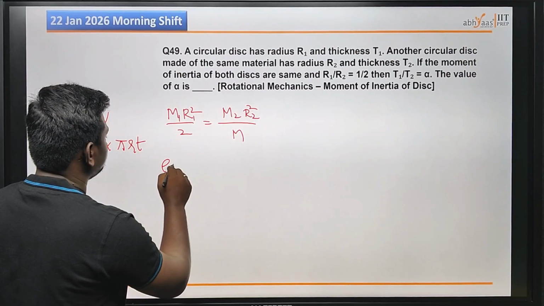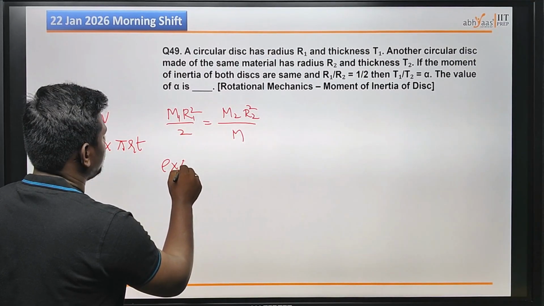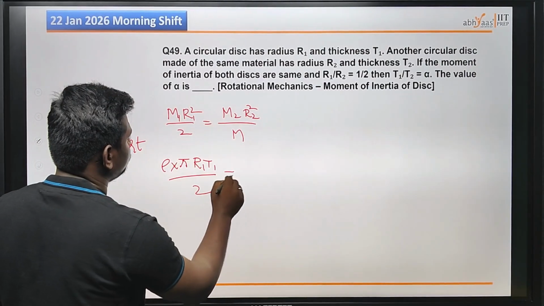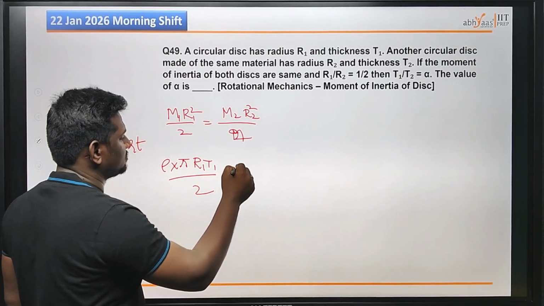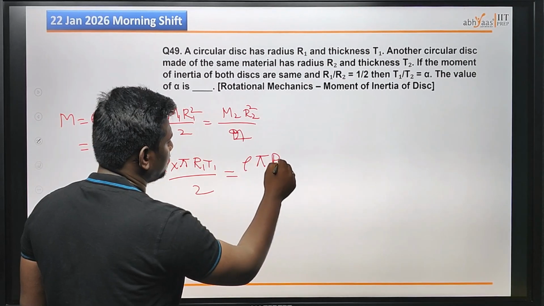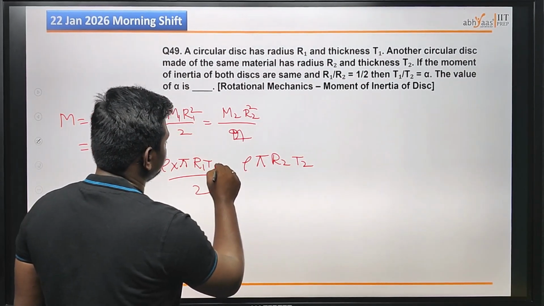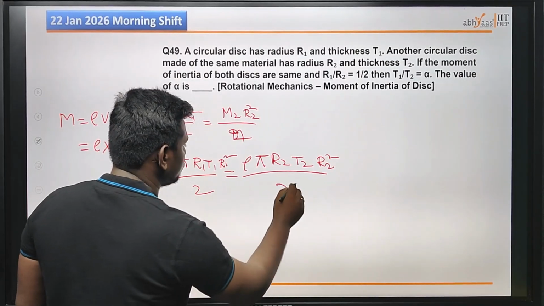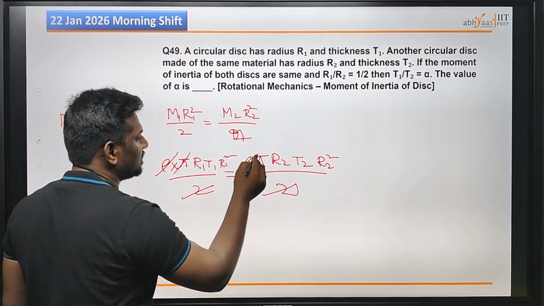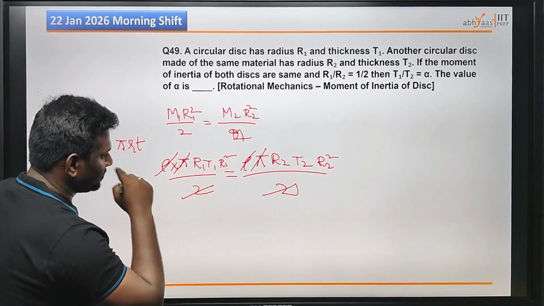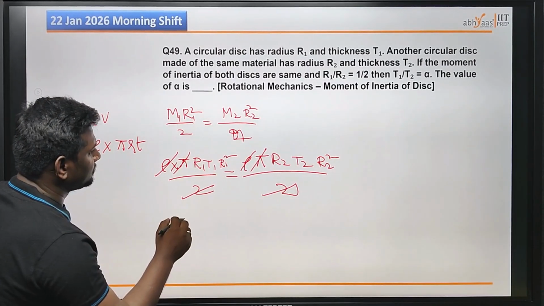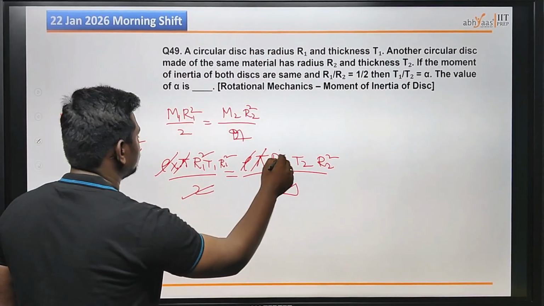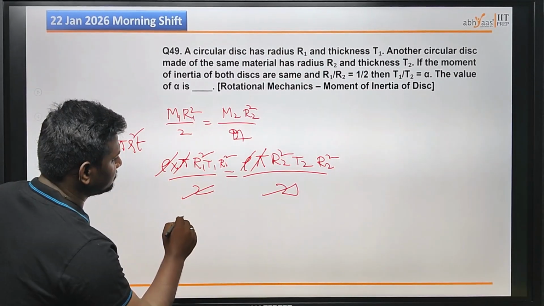Rho gets cancelled, and we have pi r1 to the power 4 t1 by 2 equals rho pi r2 to the power 4 t2 by 2. The 2 gets cancelled and rho pi gets cancelled. This is r square actually, pi r square t.